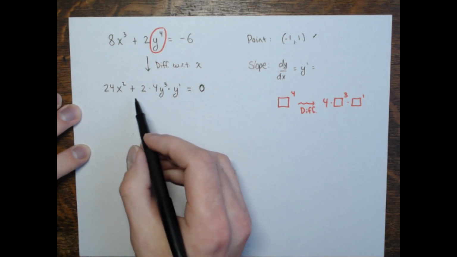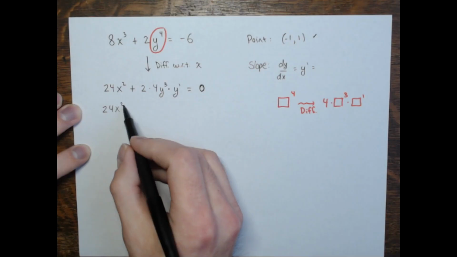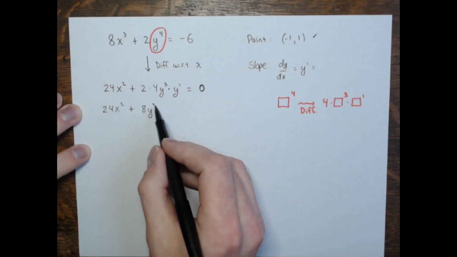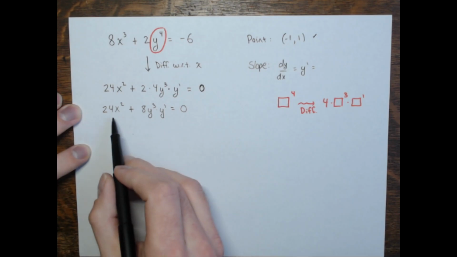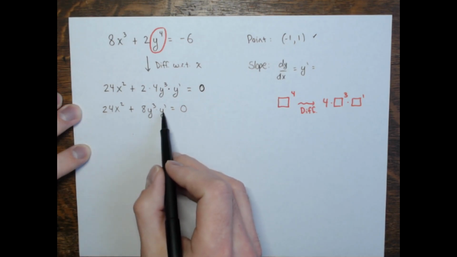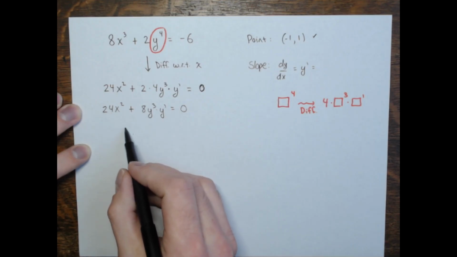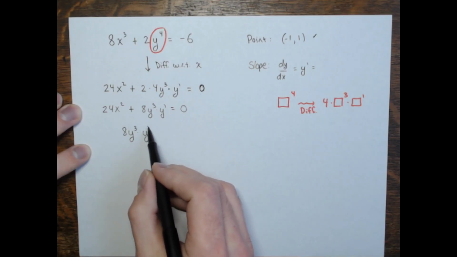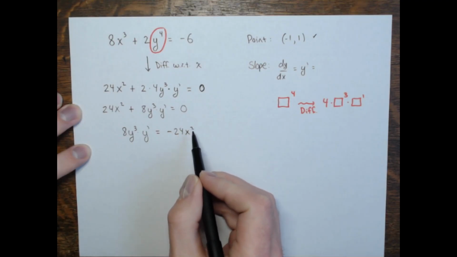Then we solve this for y prime. So we have 24x squared plus 8 times y cubed times y prime equals 0. To get y prime alone, subtract 24x squared. So now I have 8y cubed times y prime equals negative 24x squared.